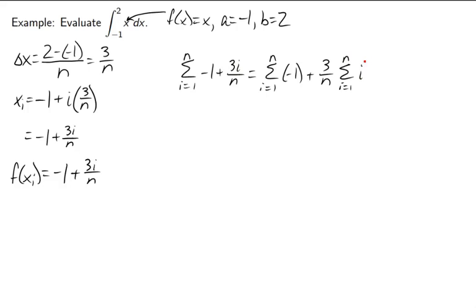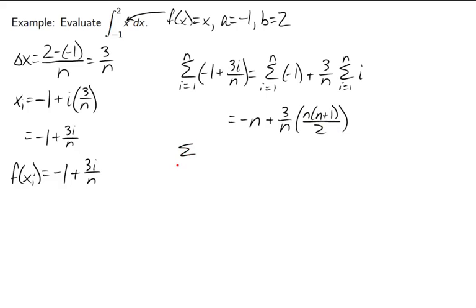If you recall, we had a formula for these. This one is just negative 1 times n, so let's just write negative n. This one's still got a 3 over n in front. And the formula for i was n times n plus 1 over 2.